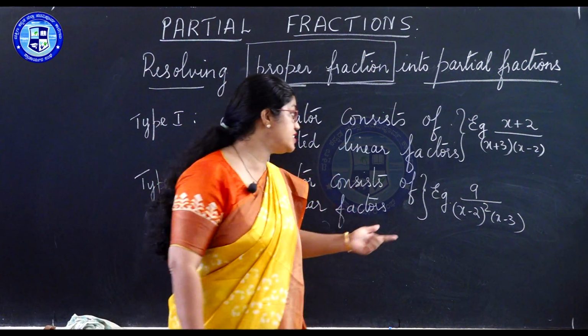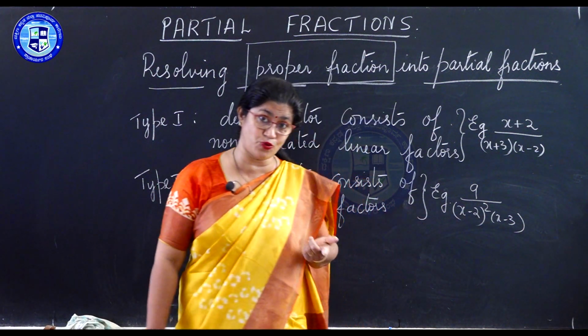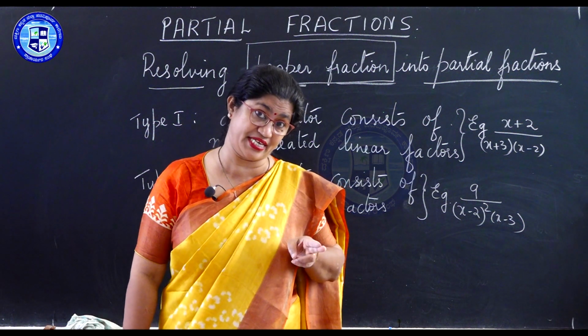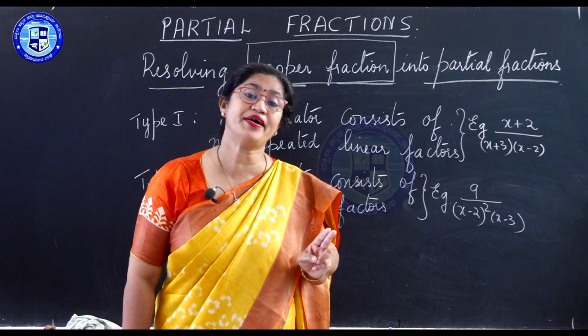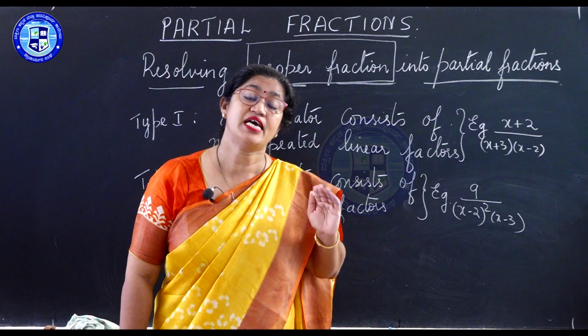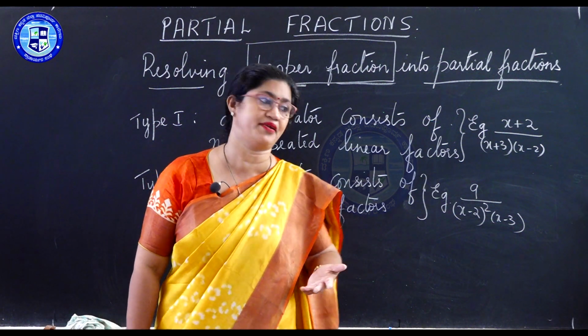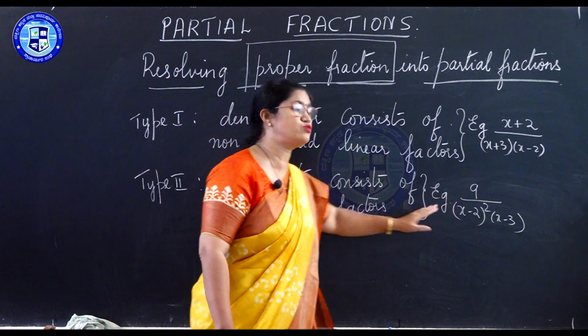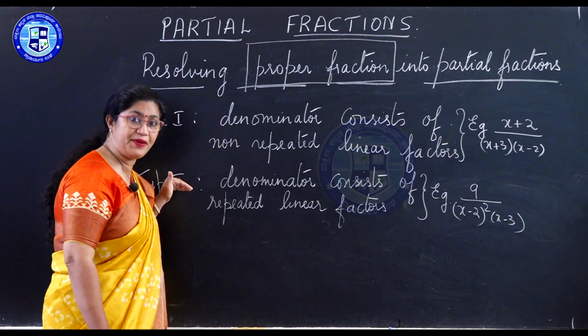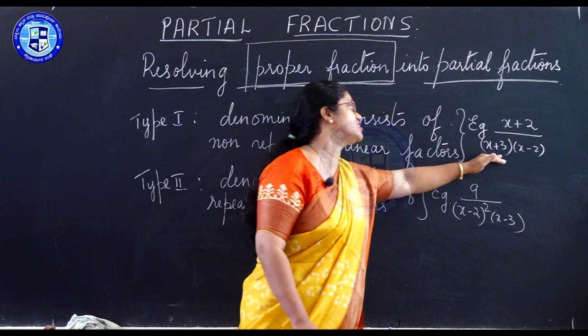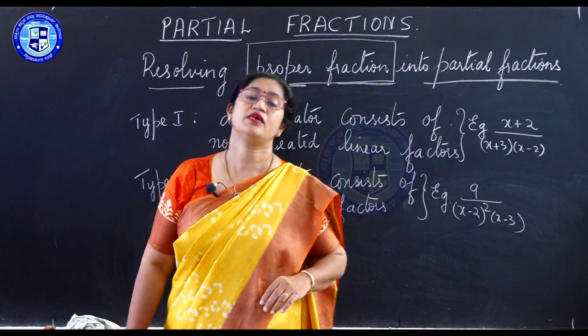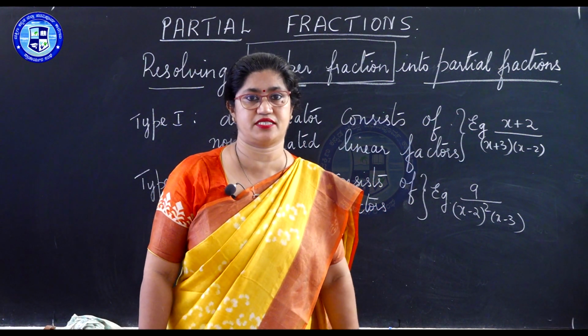It has another linear factor x minus 2, and x minus 2 is there twice. x minus 2 the whole square means x minus 2 into x minus 2, that means x minus 2 is repeated. So this category of sums will fall under type 2 repeated factors and this category will fall under type 1 non-repeated factors.